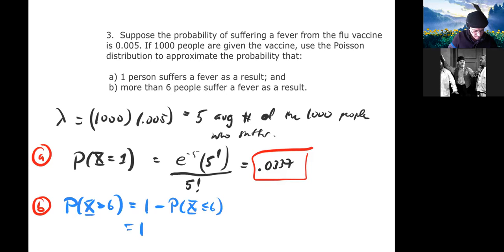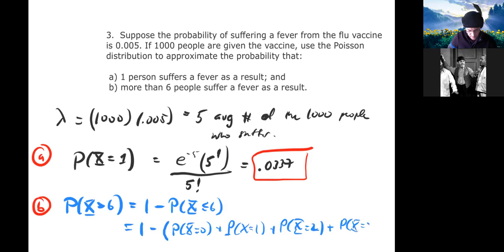And that's 1 minus the quantity: the probability that x equals 0 plus x equals 1 plus x equals 2, etc. So the probability x equals 0 plus the probability that x equals 1 plus x equals 2 plus x equals 3 plus x equals 4, plus x equals 5, plus x equals 6.